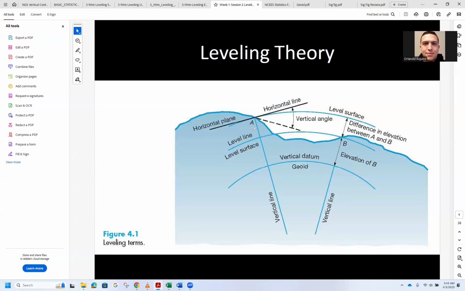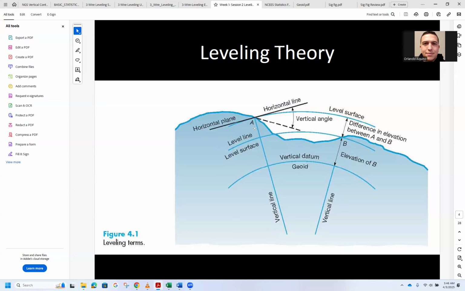Horizontal line: a line in a horizontal plane in plane surveying, perpendicular to the local vertical. And if you have the book, chapter 15, all the leveling terms are on figure 4.1. Again, we're just doing a nice review so we get an understanding of the definitions.